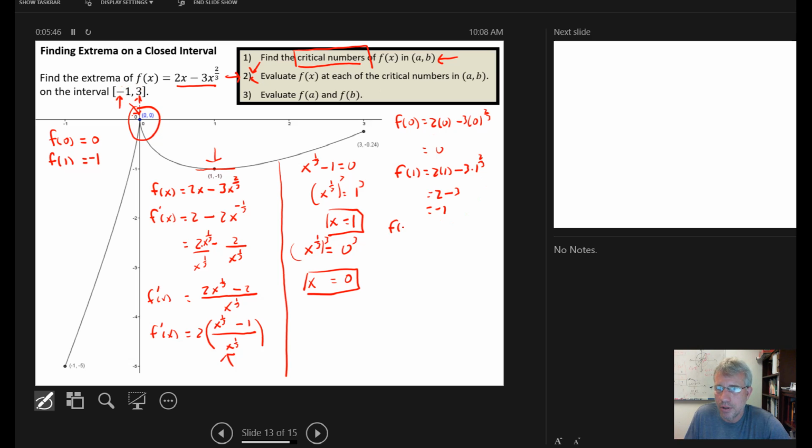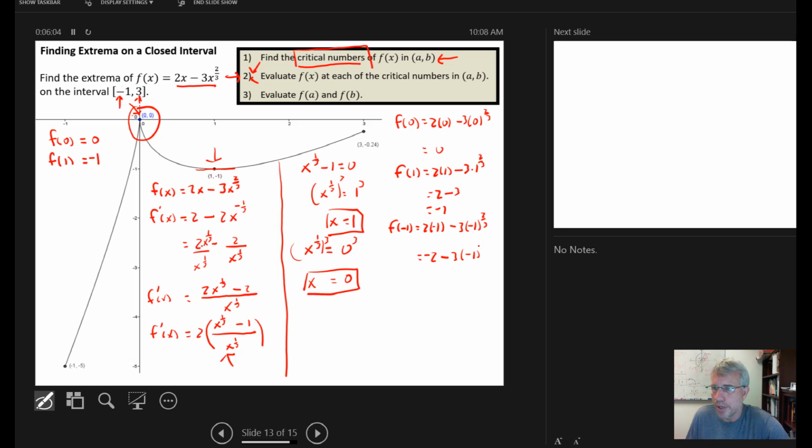So f of -1 equals, plug -1 into the original function. So -3 times -1 to the 2/3. So here I get a -2 minus, and I want to recognize that this is going to be -1.